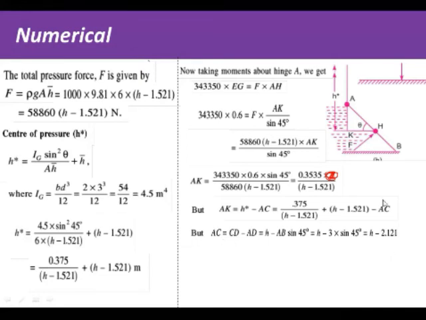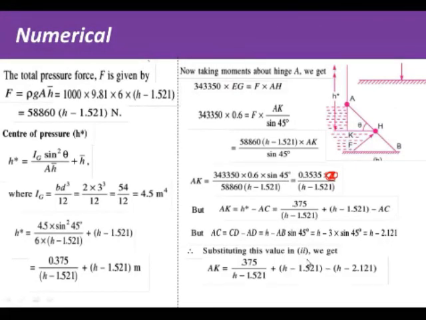So you can put this value of AC in the above equation: 0.375 upon H minus 1.521 plus H minus 1.521 minus of H minus 2.121. Open that with the negative sign, so minus H plus H will cancel. Here we will have minus 1.521, and with this negative sign it will become plus 2.121.